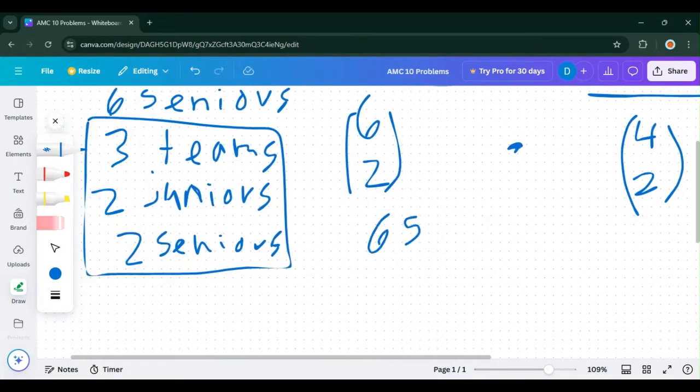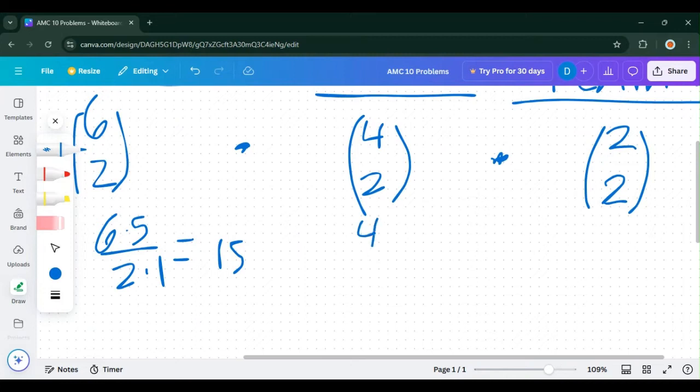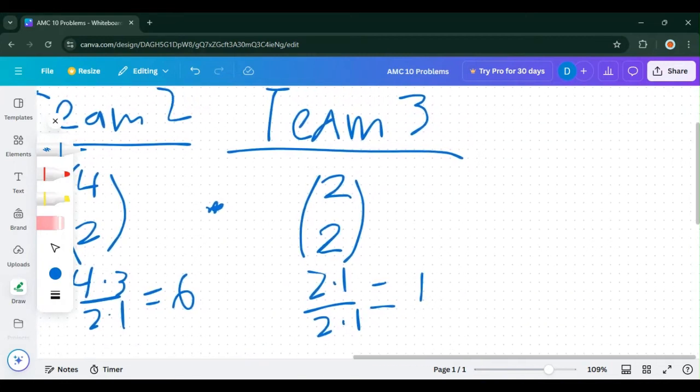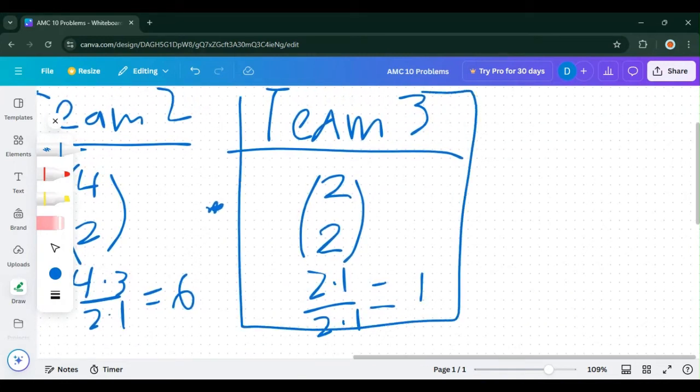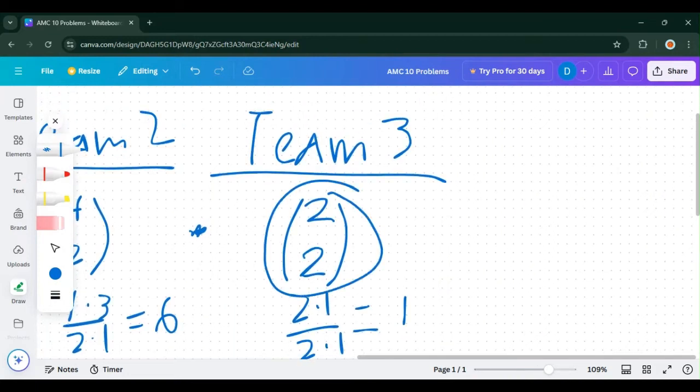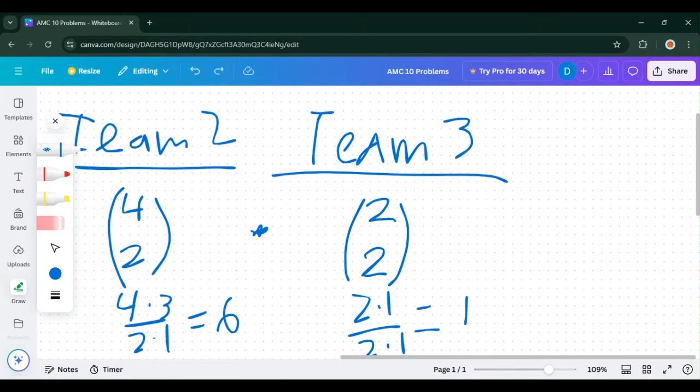So this is 6 times 5 divided by 2 times 1, which is 15. We have 4 times 3 divided by 2 times 1, which is 6. We have 2 times 1 divided by 2 times 1 is equal to 1. And another reason why this works is we can think about it very logically.